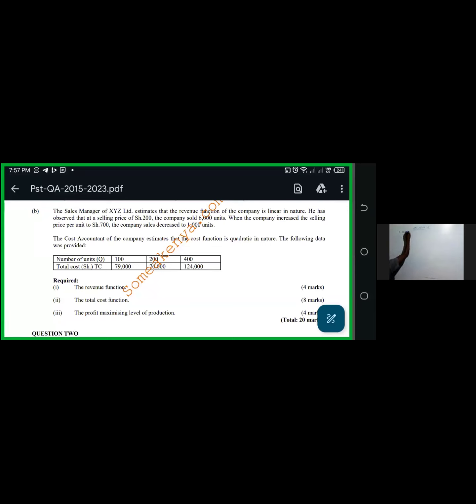So when Q is 100, then it is clear that our total cost is 79,000. And also when our Q is 200, then it is clear that our total cost from the question is around 76,000.